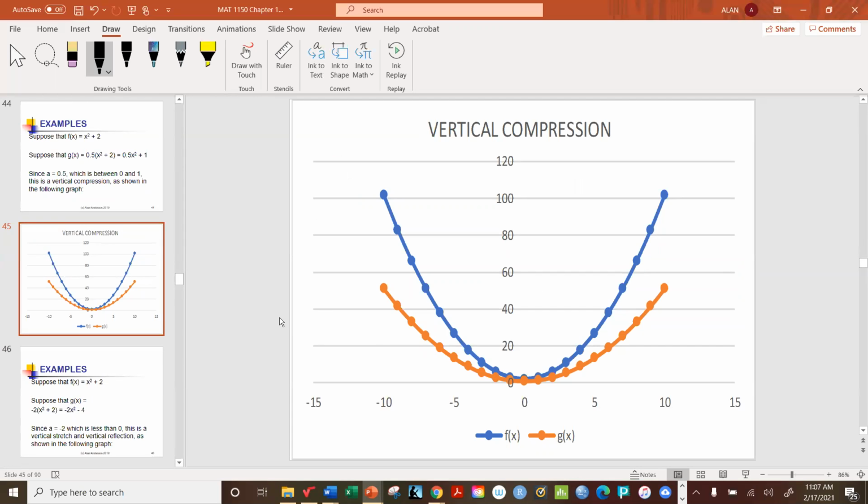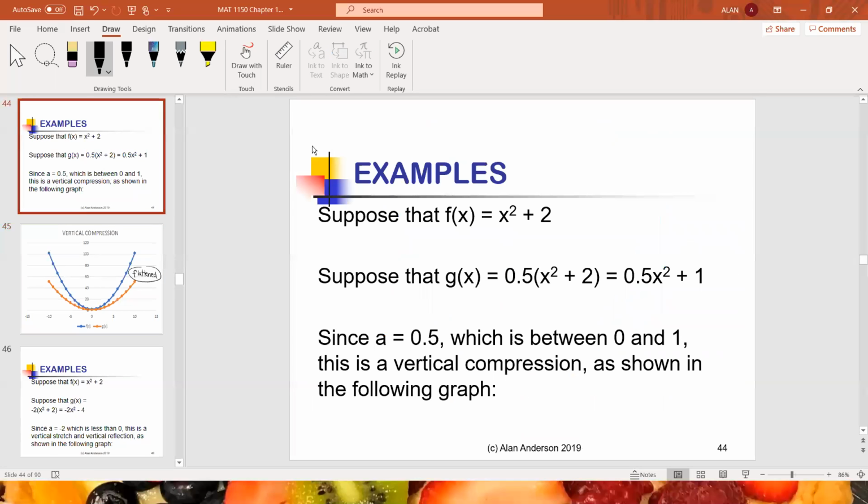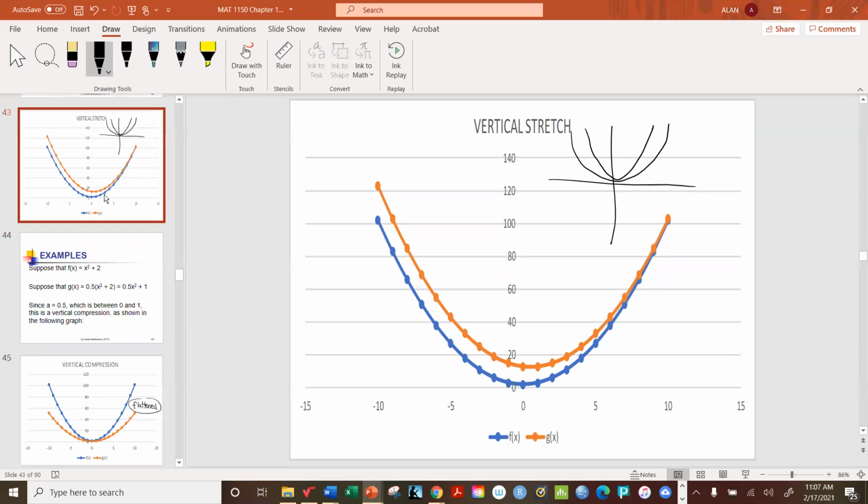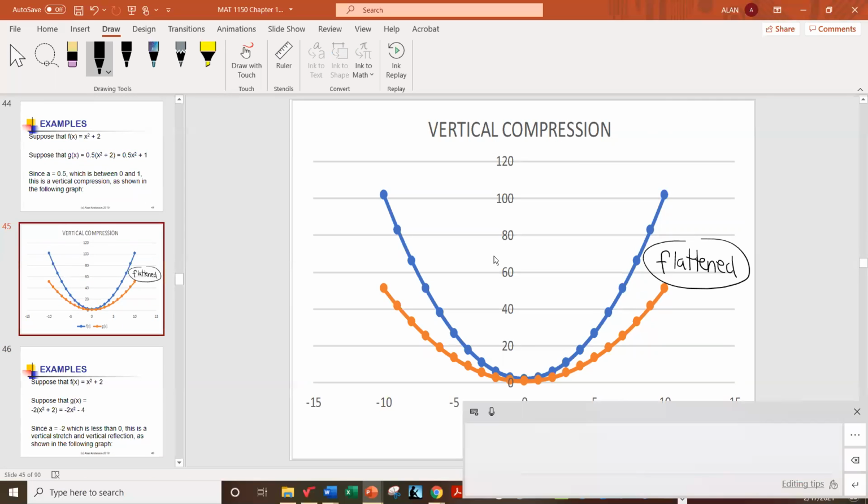Because you see what's happening is that g is being flattened. So I guess the word compression could be thought of as flattening compared to the original function. Whereas this one was supposed to be steeper, let's say. I think the word stretch is a bit confusing here. You see how the function is getting sort of tighter, like this flower. It's starting to close up at night when the sun goes down, as opposed to here where it's the other way around.